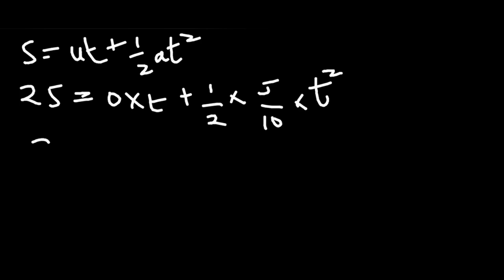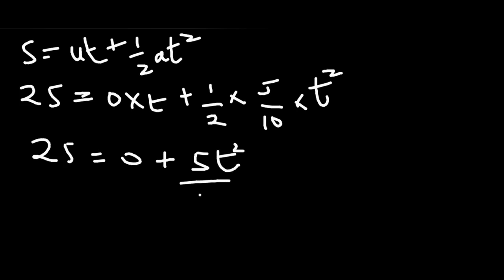So that we have 25 will be equal to 0 plus 5T squared over 20. And this gives, let's take a new slide, 25 will be equal to 5T squared divided by 20, since 0 plus 5T squared divided by 20 gives 5T squared divided by 20.